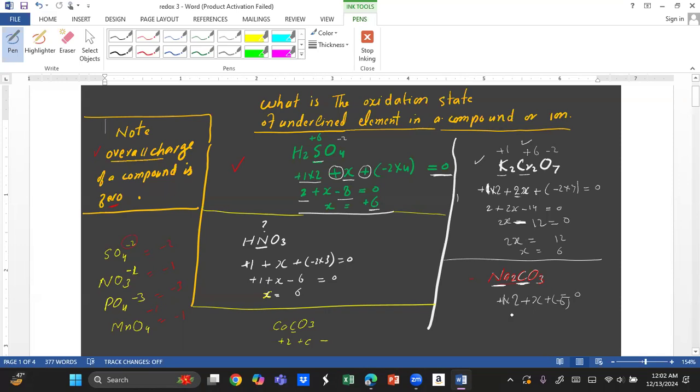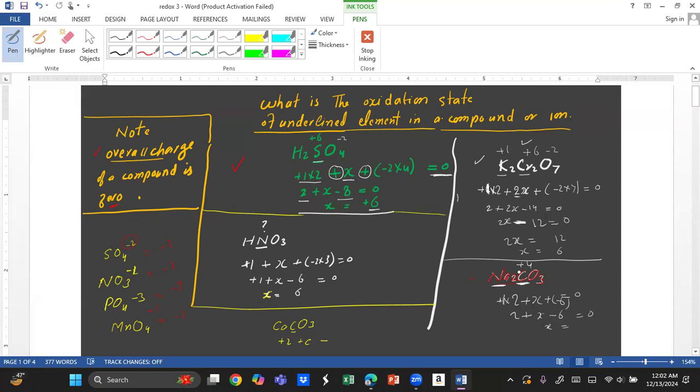Okay, now 2 plus X minus 6 is equal to 0 and X will be equal to plus 4. So carbon is plus 4.